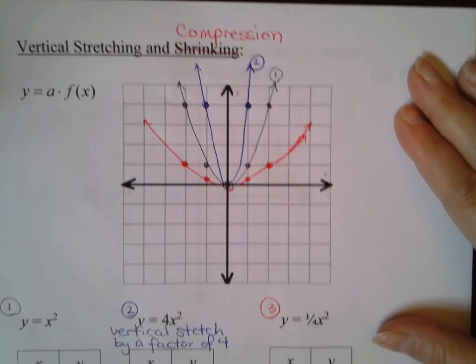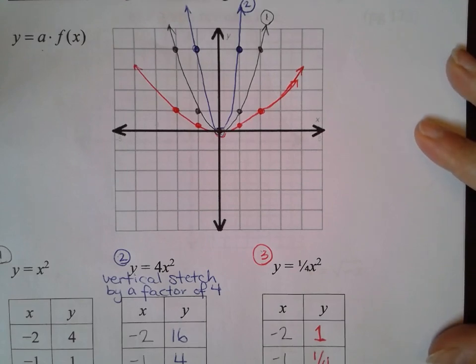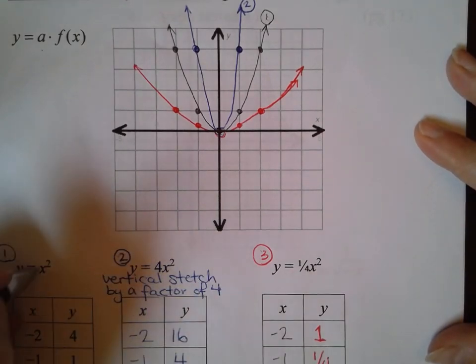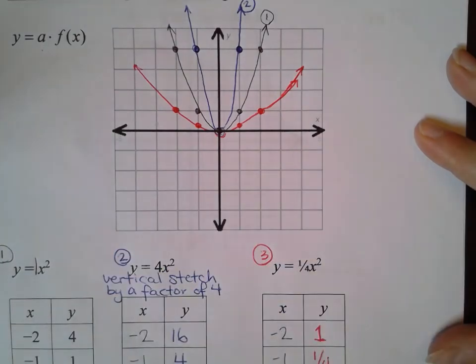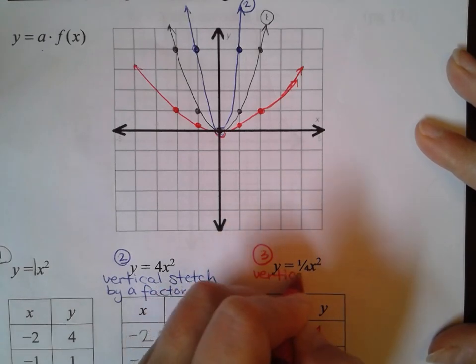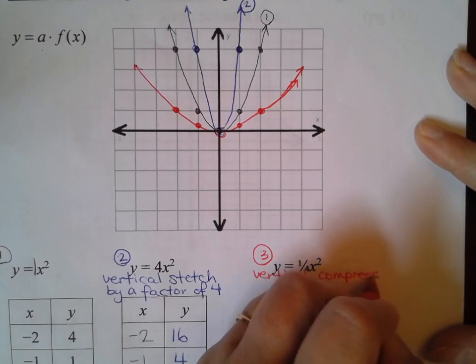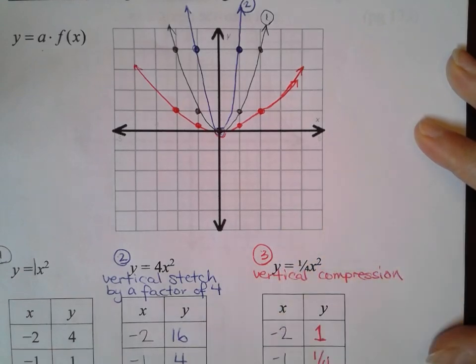Okay, so by multiplying by a number that was smaller than 1, again, this y equals x squared, you can put in an implied 1 there. If I have a number that's smaller than 1, I have a vertical compression. Or if you want to use the word shrink, you can.